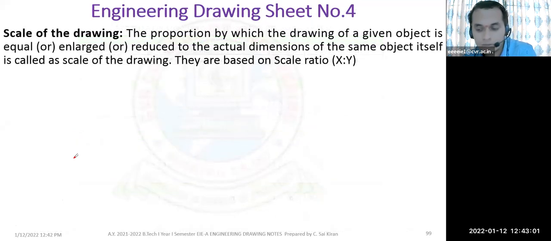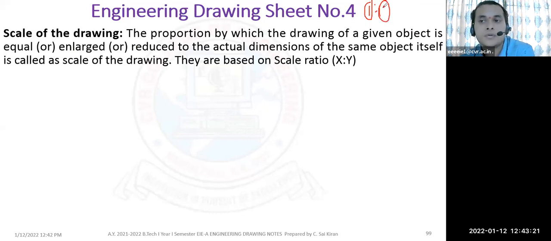Okay. So I'll start the scales topic. Actual scales topics start from now. Okay. So already I told that scale is 1:1. This is about the drawing you draw on the drawing sheet compared to the actual dimension.